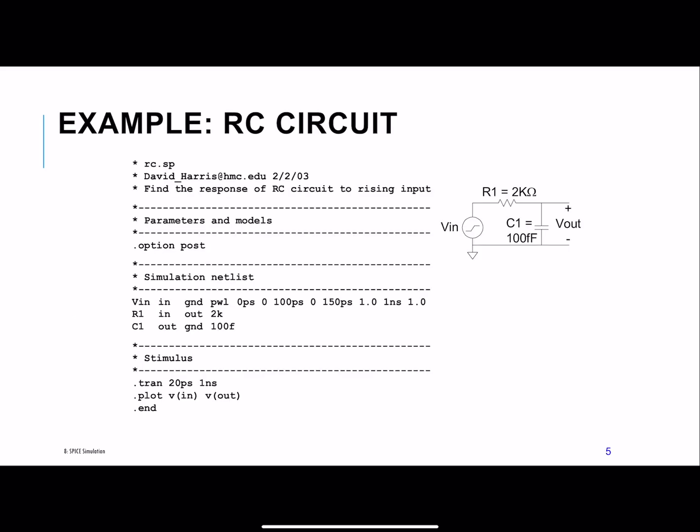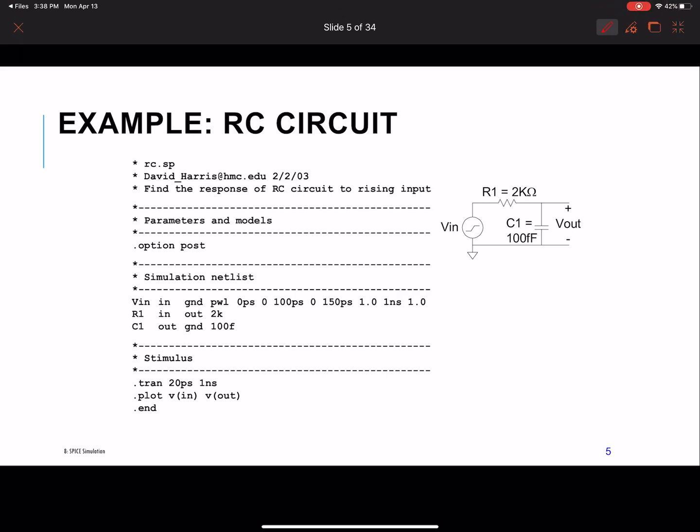Okay, so here's an example of a netlist. This is what it would look like if you were in the schematic editor. You put in the resistance and capacitance, and either the tool outputs this automatically and simulates it, or you can just write the netlist. So here are a few of the items.